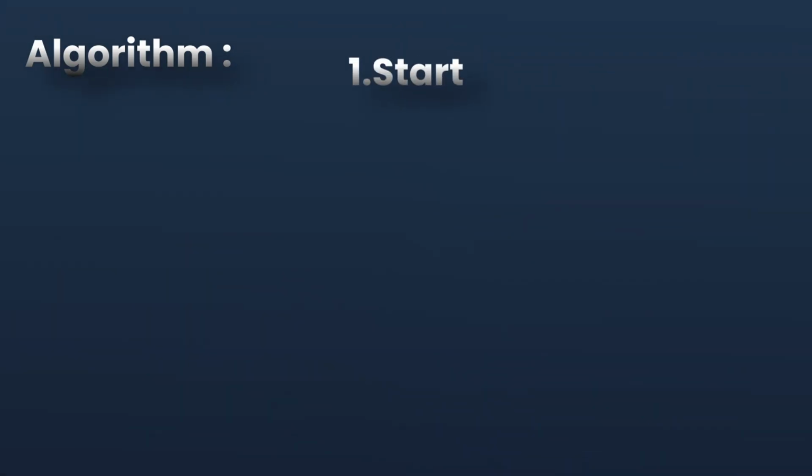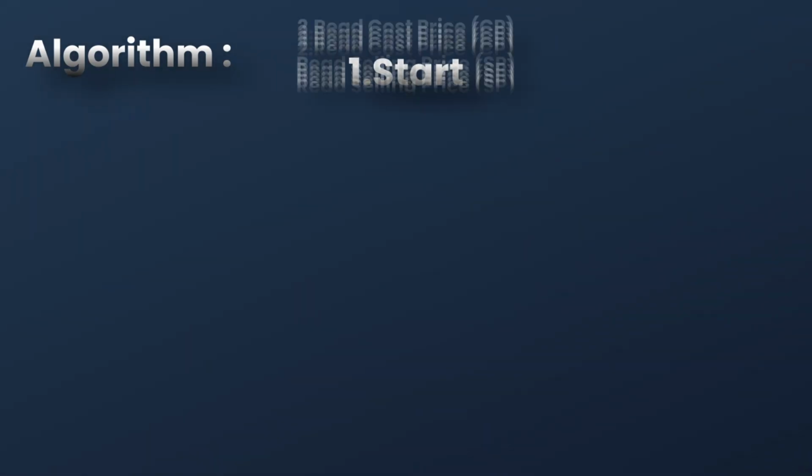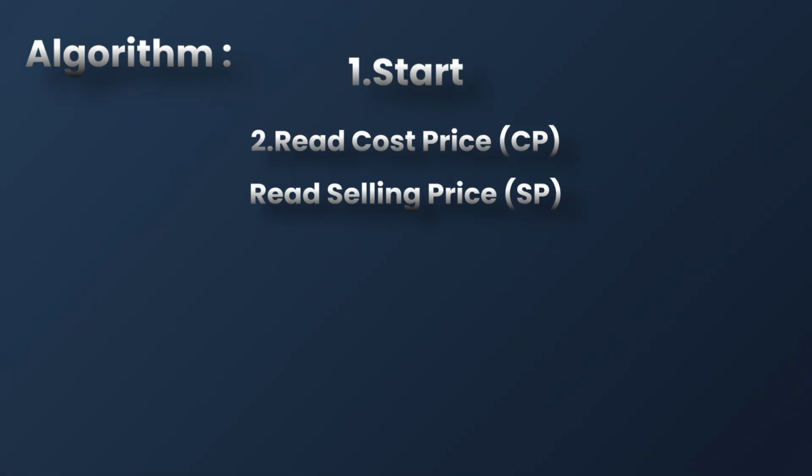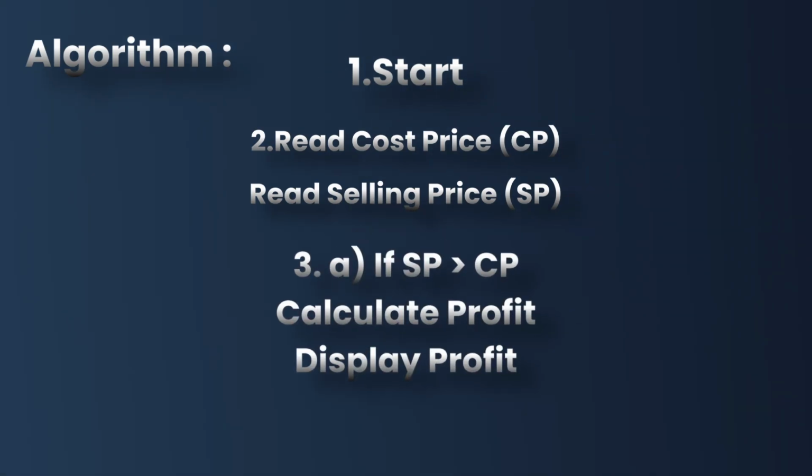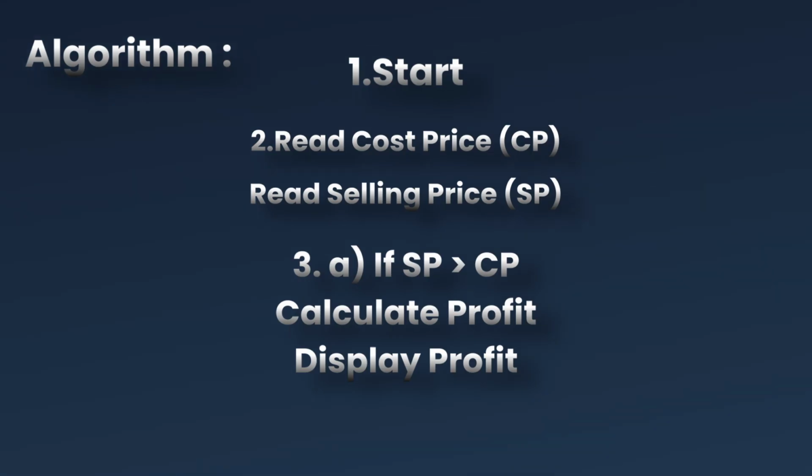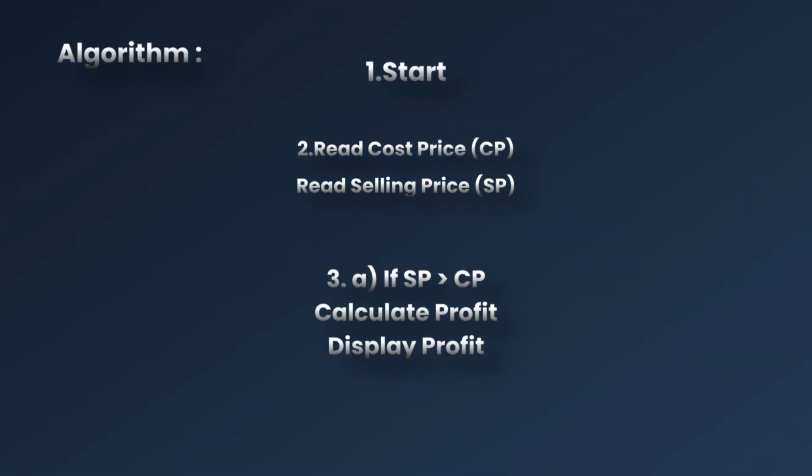Now let us see the algorithm, that is the way of approach to relate this code to the concept and make it run. First, let us start the program: hash include and int main. Second, read the cost price and read the selling price. Third, let us determine with conditions. First condition, if selling price is greater than cost price, calculate profit and display profit.